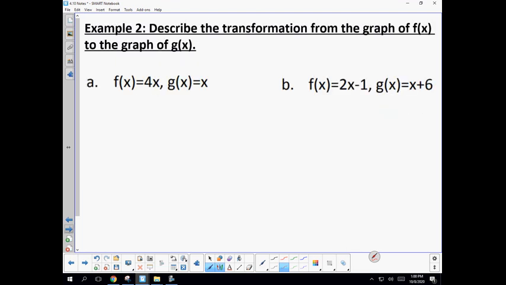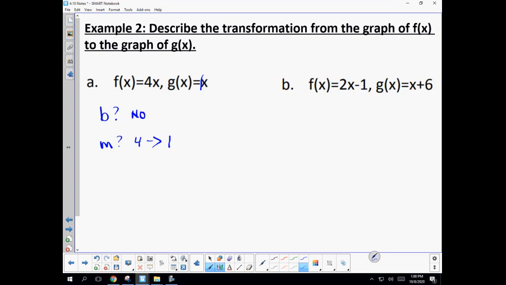Let's look at some other examples. Here we're just going to look at the equation and describe the transformation just from looking at the equation. So we have f of x equals 4x and g of x equals 1x. So what has changed? Did my b value change? Nope, they're both plus 0. Did my m value change? Yes, it did. It went from 4 to 1.